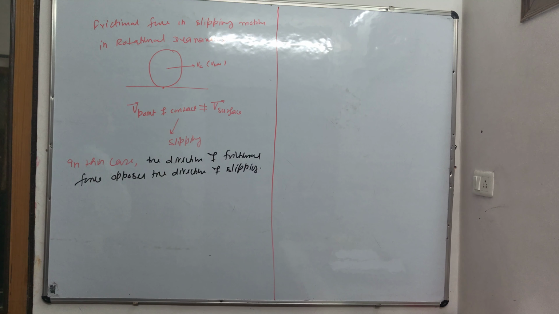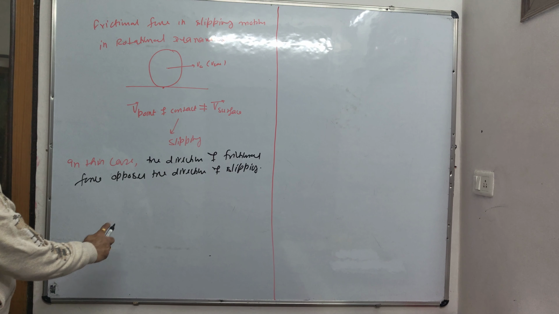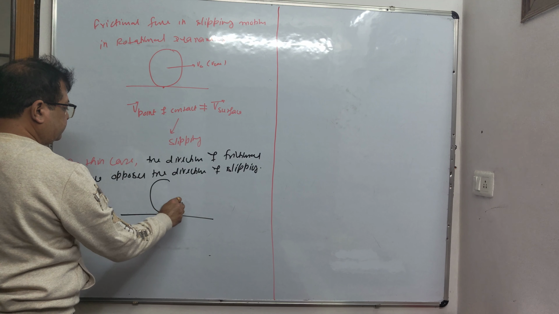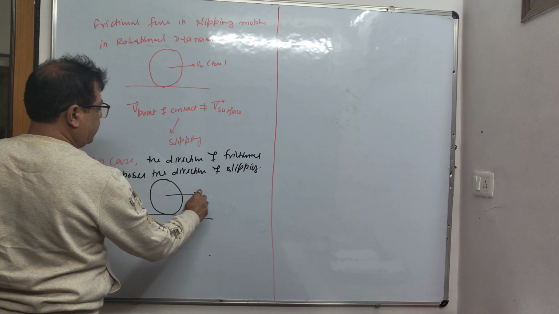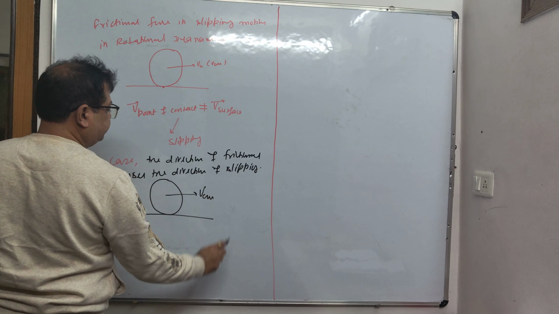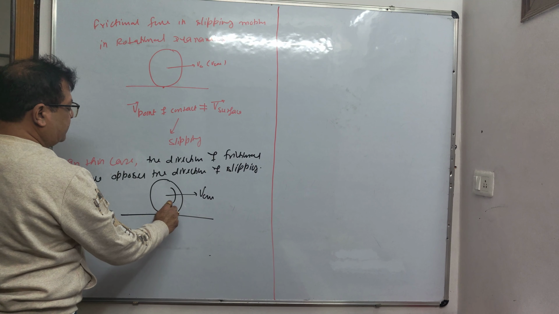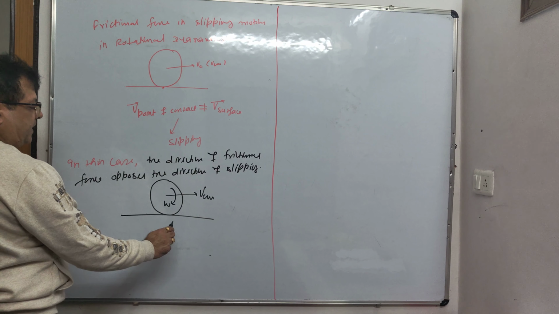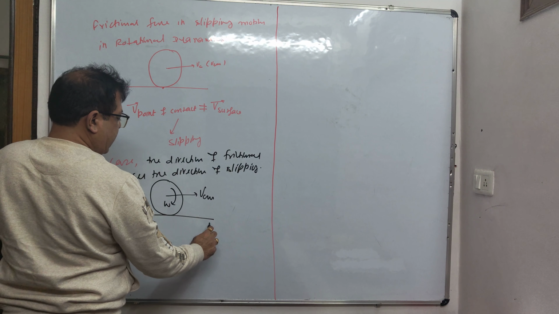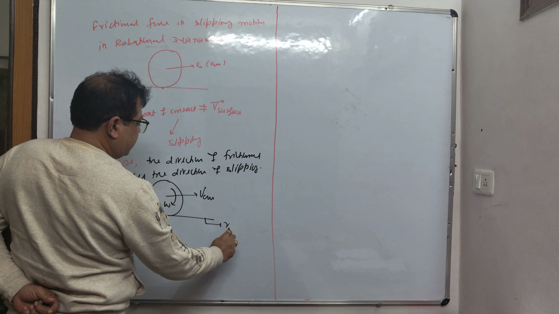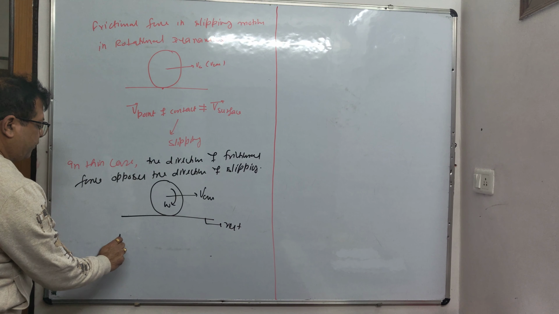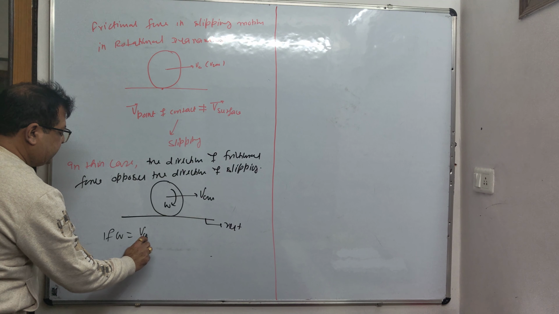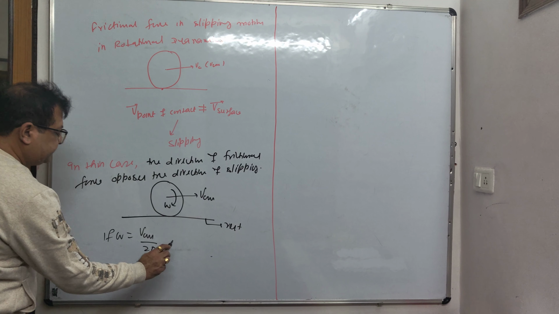So it opposes. For example, suppose this is the VCM, and this is omega, and suppose the surface is at rest, and omega is VCM by 2r.